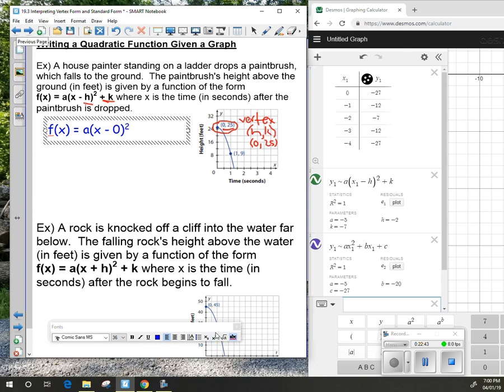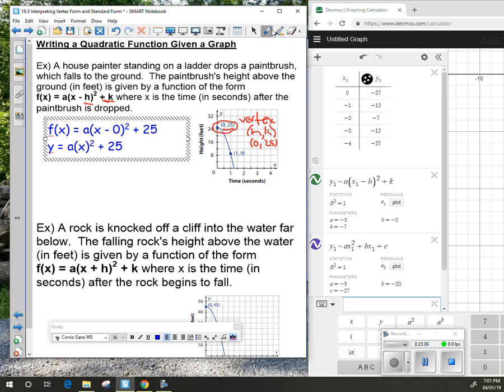Just plugging in h and k. I'm plugging in the 0 and I'm plugging in the 25. Now, remember that f of x is just y. So I know right now I have y equals a. x minus 0 is just x. Anything minus 0 is just itself. So I really have here just x squared plus 25.